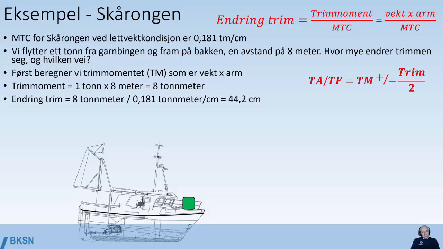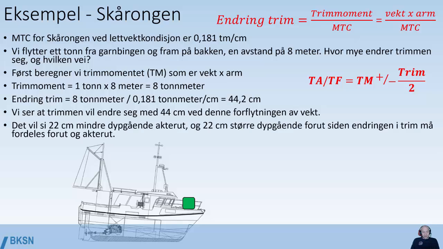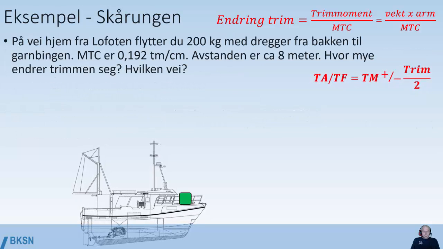Then we divide that by the MTC, which was 0.181. So we end up with a change in trim of 44.2 centimeters. So we see that the trim will change by 44 centimeters if we do this movement of this weight, which means again 22 centimeters less draft aft and 22 centimeters more draft forward.